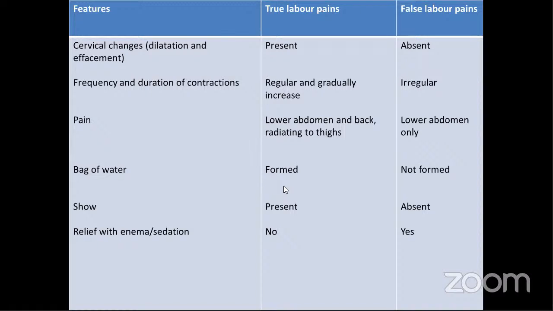If it is a well formed bag and you can feel the membranes, it shows that she's already in labor, with cervical dilatation and effacement. Whereas in false labor pains the bag is not formed, and you may not even feel it because the cervix is not dilated.